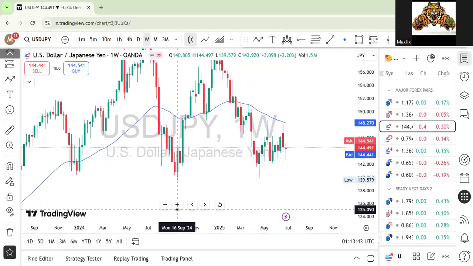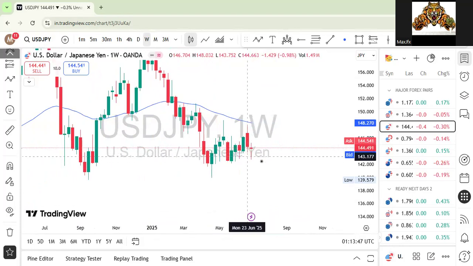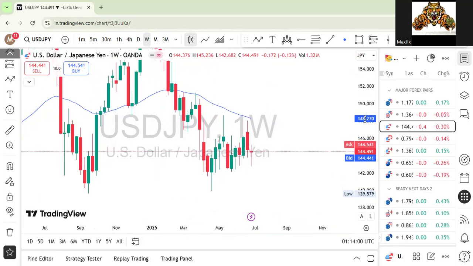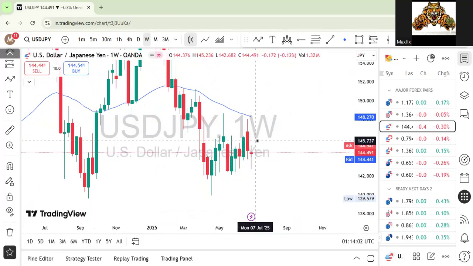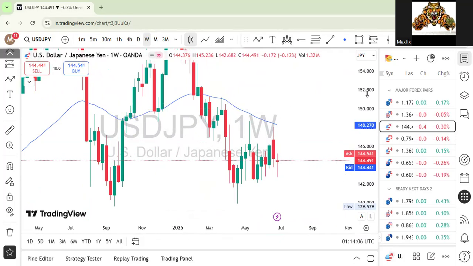So I think the last week's candle is now telling us that the sellers are leaving the market. Which means that there can be a bullish candle next week. That's what it's telling us right here.